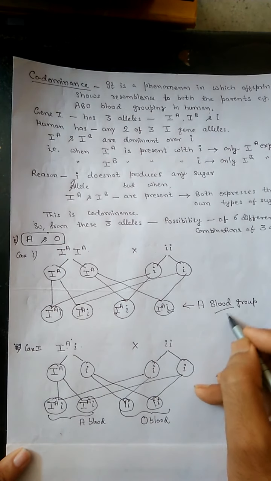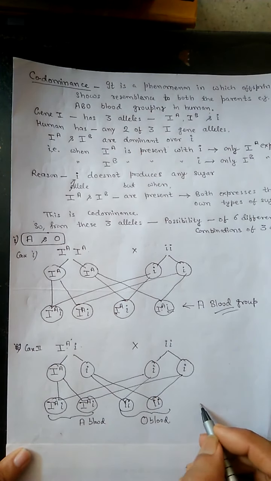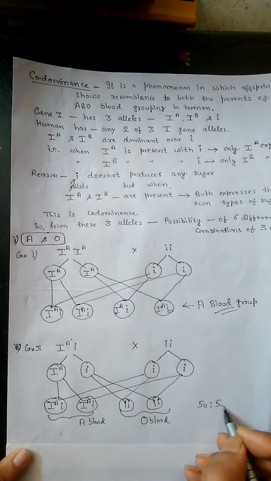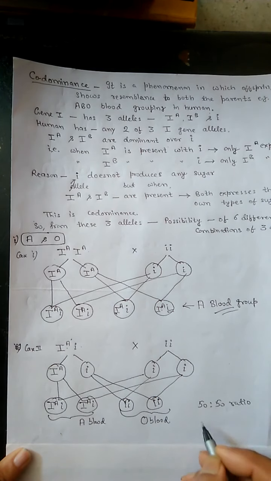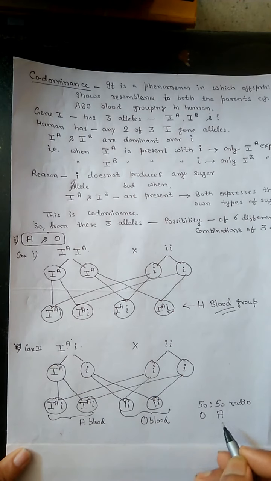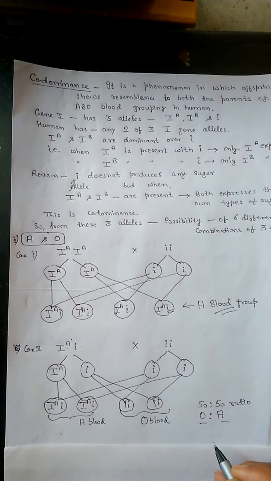So here it is a 50-50 ratio: O blood group and A blood group each have 50%.